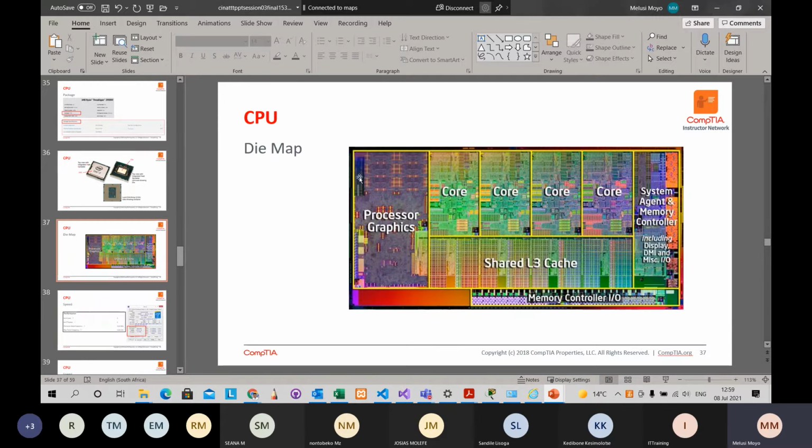All right, this is the die map of the CPU on the side. We have the processor graphics. Some CPUs come with their own graphics processing built in on the CPU. And then we spoke about multi-core: we have dual core, we have quad core. This one is a quad core CPU. You can see it is 1, 2, 3, 4.